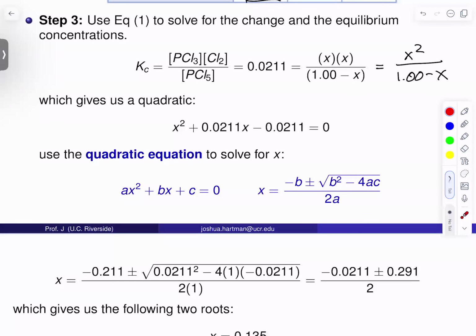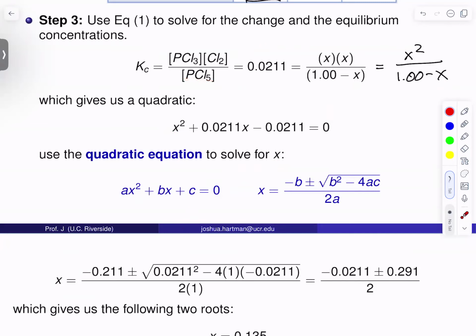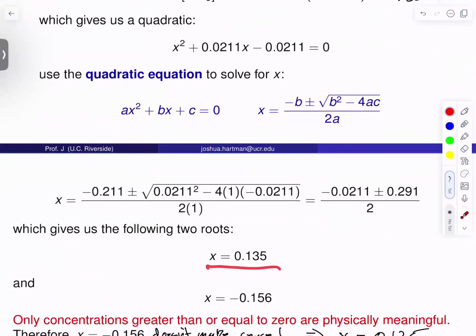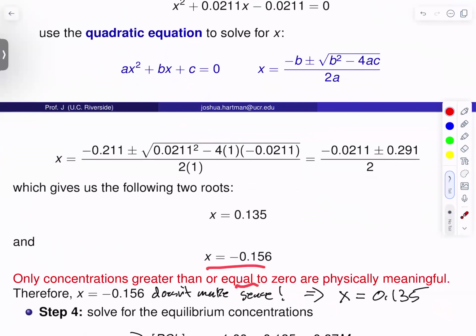But then what you want to be able to do is take this, plug it into the form that we can read the quadratic equation and come up with those roots. And of course, you're going to come up with two, right? You're going to have an x that's positive and negative here in this case. Now, only concentrations greater than or equal to 0 are physically meaningful.